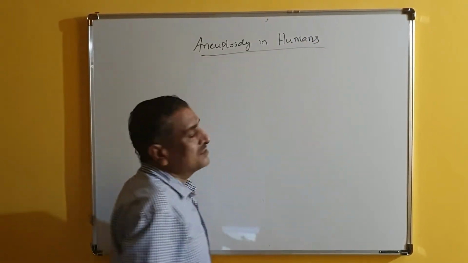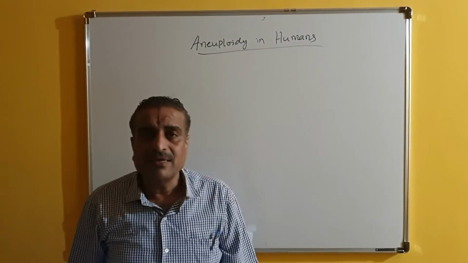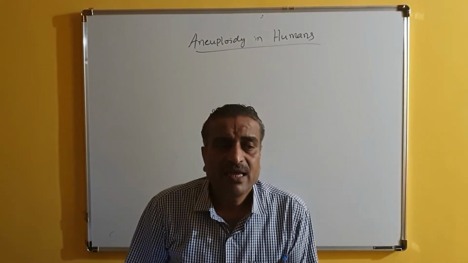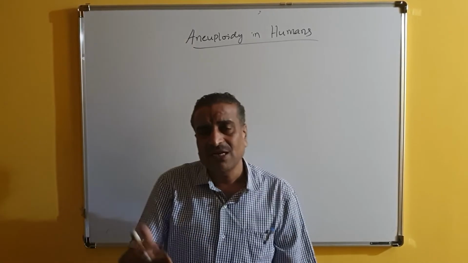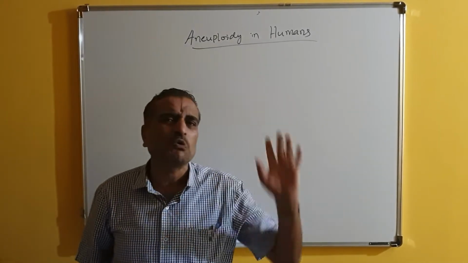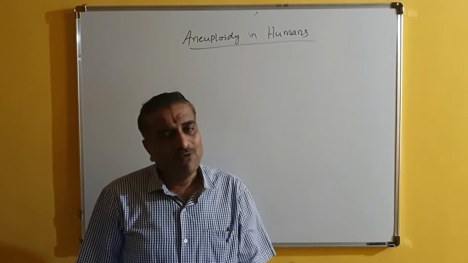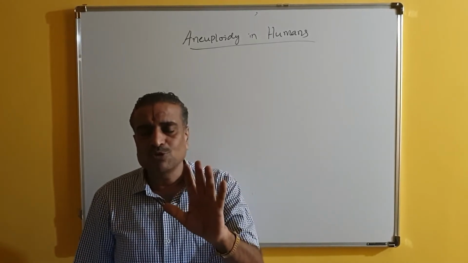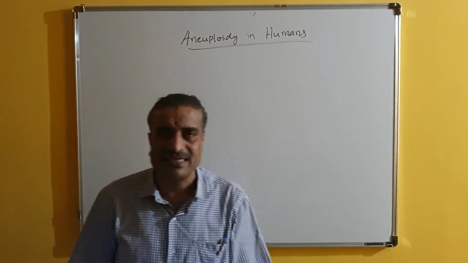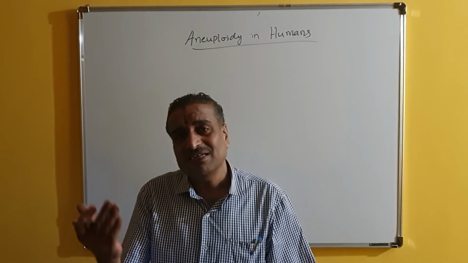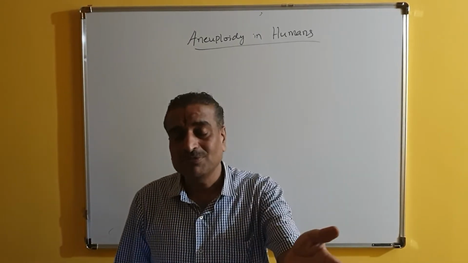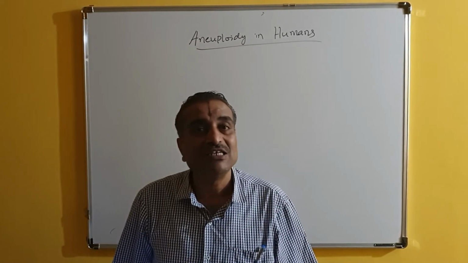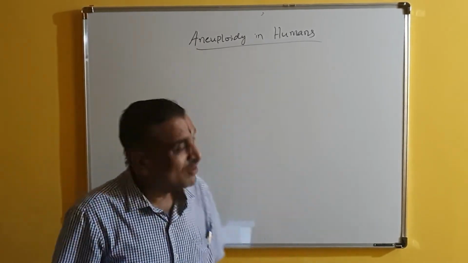Aneuploidy in humans. In man, some serious things happen due to the addition or deletion of one or two chromosomes. The normal chromosome number in a human being is 46. If any person comes with one chromosome extra, 47 chromosomes, he will suffer from many disorders. So now let us see one by one.